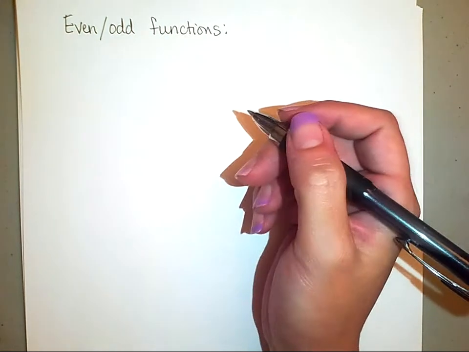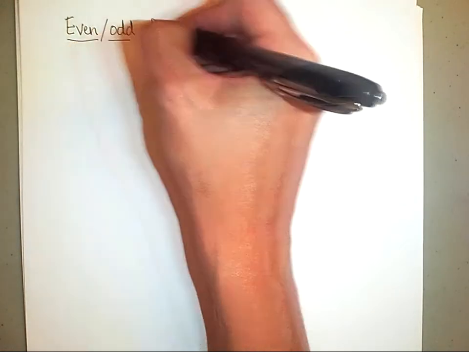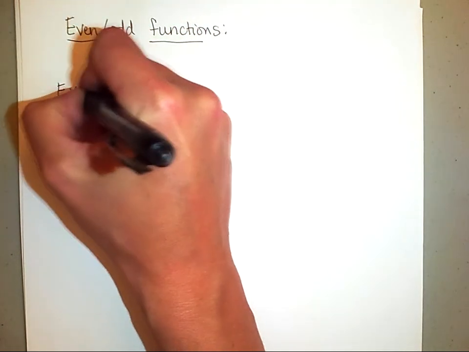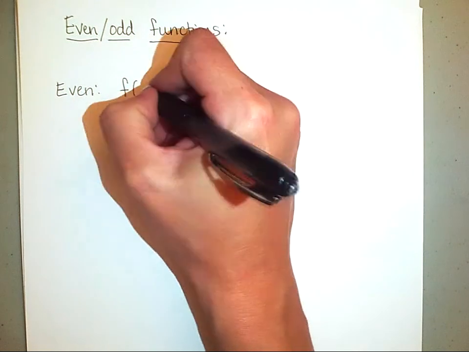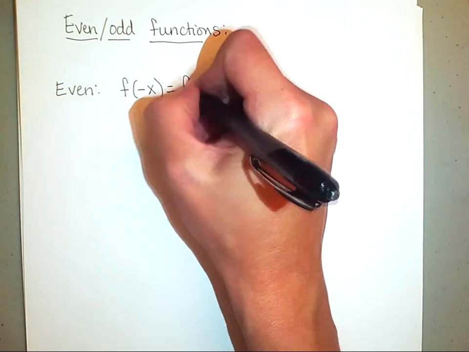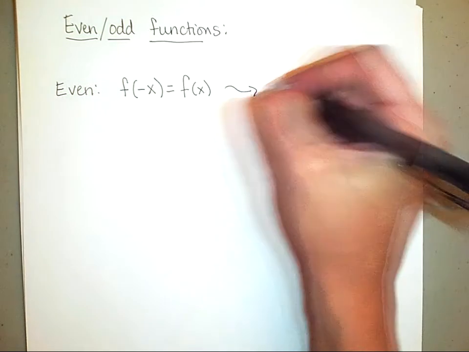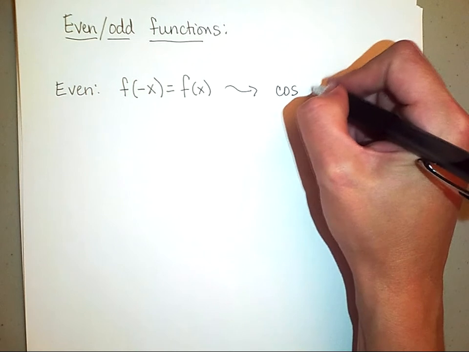Now, by definition, a function is said to be even if, when you take the original function and evaluate it at negative x, you get the original function back. And in terms of the trig functions, the cosine of alpha is even.